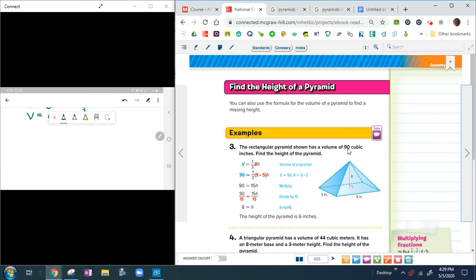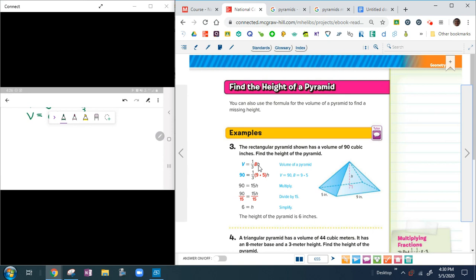Next, it gives you 90 cubic inches as the volume, so you're going to replace the V with 90. All right? Then you realize, it says find the height of the pyramid. The thing they tell you to find is going to be the variable that does not get filled in.